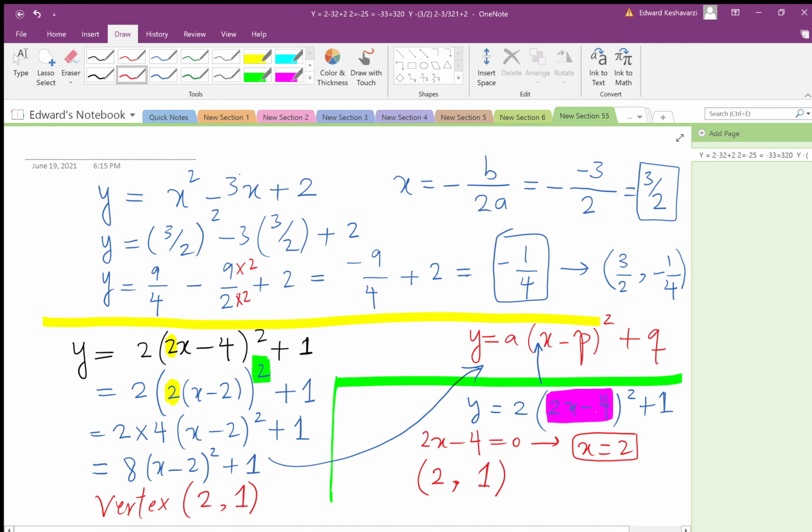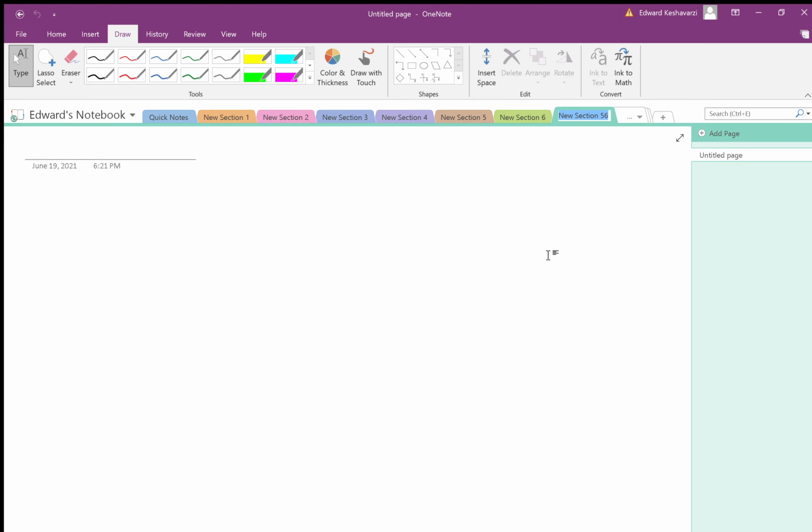And then you can write 2 as the x coordinate of the vertex, and q is 1. So you can get it quickly like that, and you don't even need to convert it to vertex form. Therefore, I come to this conclusion that even if a quadratic function is given as (kx minus p) squared plus q, you can quickly get the vertex by setting this equal to 0.